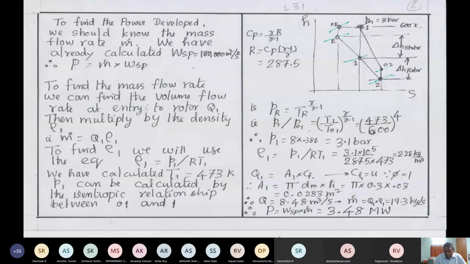Now, what is the size of the rotor? Somebody tell me. What is the size of the rotor? 300 mm. Approximately how many feet? 1 foot. Okay. I think 1 foot is a distance which you can easily understand. It is not just a number, isn't it?